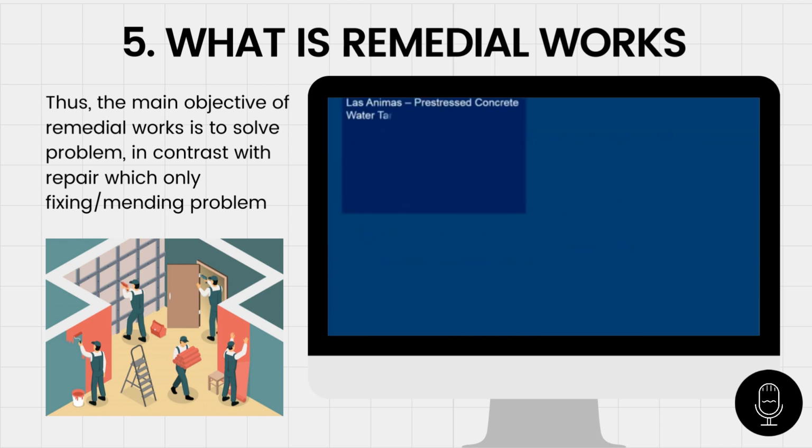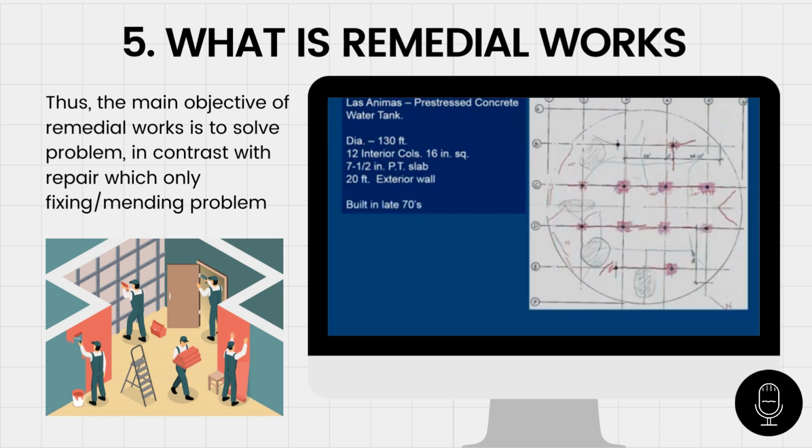or mending problem. First project In this video, is a water the tank, link is provided in Los Animas, to be viewed by all of you, Colorado. thus and to better Diameter understand 130 feet. what remedial There are work 12 is. interior columns, What 16 is inch remedial square. works? The slab Thus, that is the the roof main slab objective is of remedial 7.5 works inch is to solve thick problem. post-tension In contrast with slab. repair, which only The fixing water or tank sits on the mending ground.